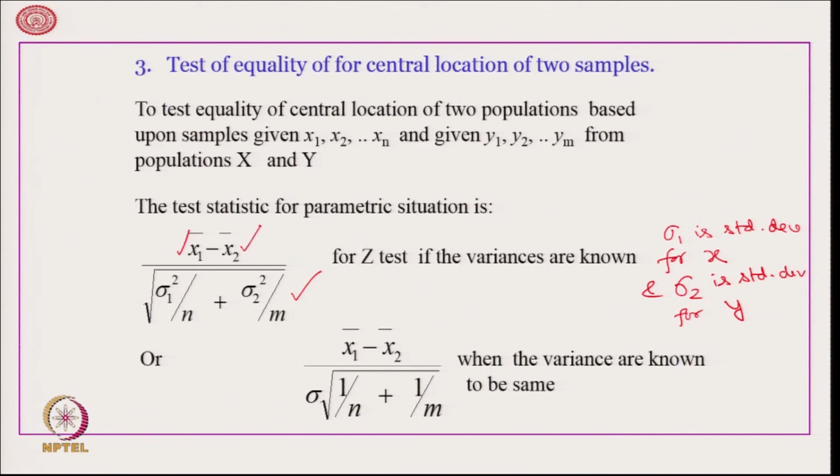If we know that sigma 1 and sigma 2 are the same, then the statistic becomes slightly simplified. As you can see, we just take sigma out of the square root, and therefore this is the statistic when we know that sigma is the same for both the populations.